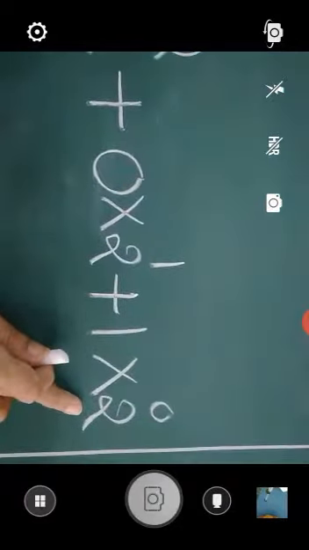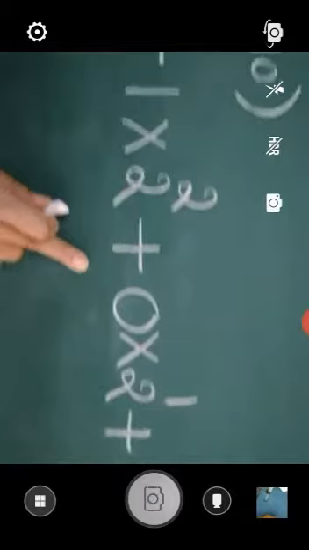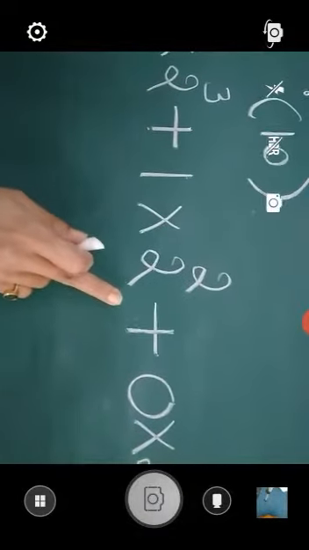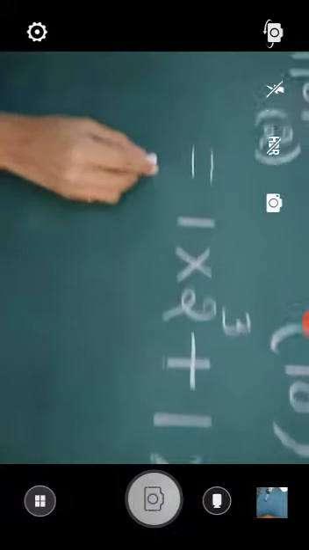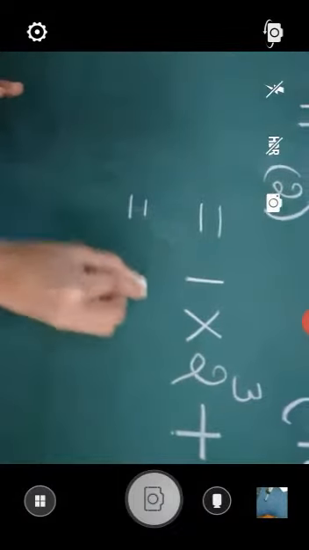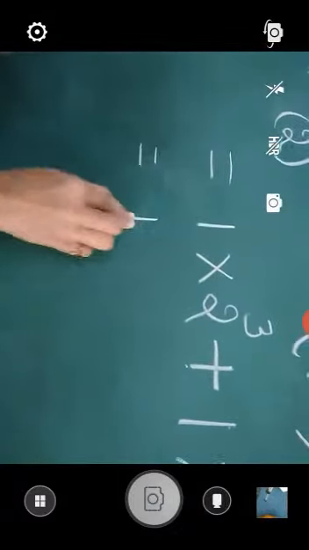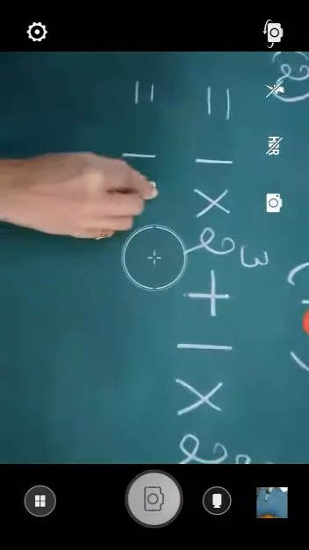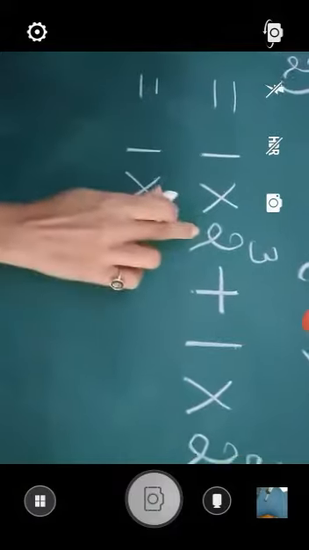See, these 0, 1, 2, 3 are the positional values of every digit, and we have to write them with their base value.